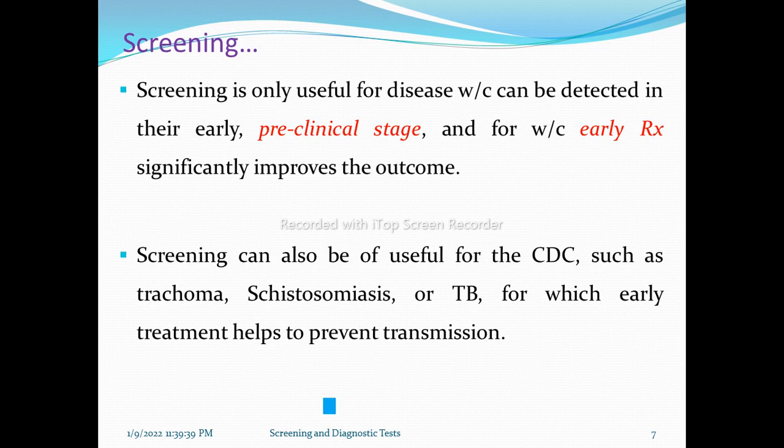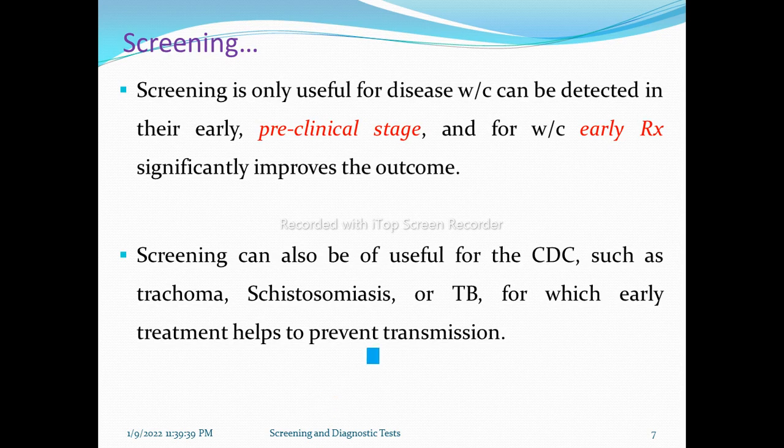Screening is only useful for diseases which can be detected in their early preclinical or subclinical stage, and for which early treatment significantly improves the outcome. So to make screening, there should be treatment.